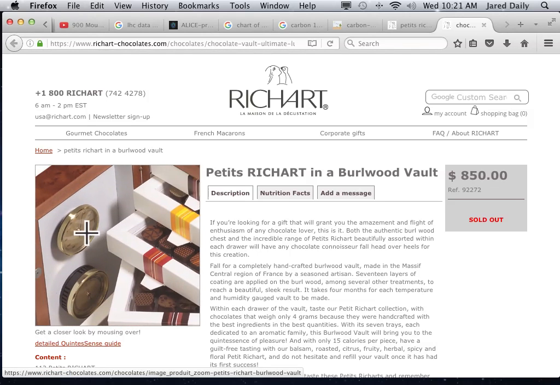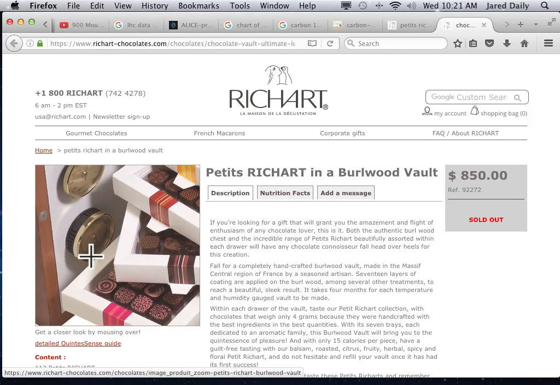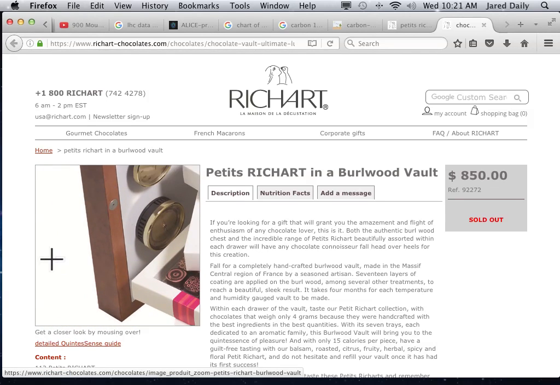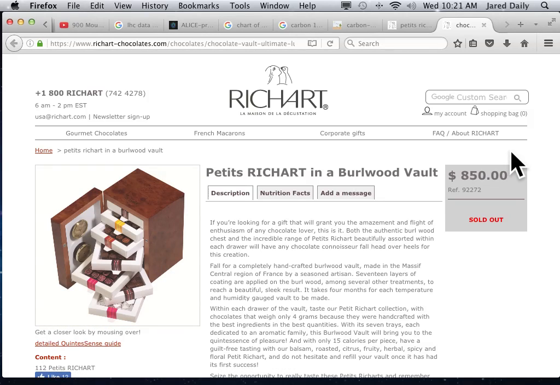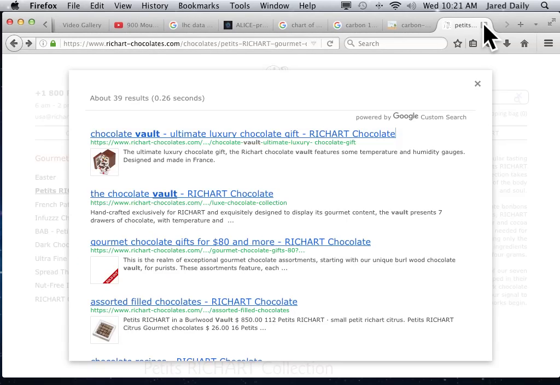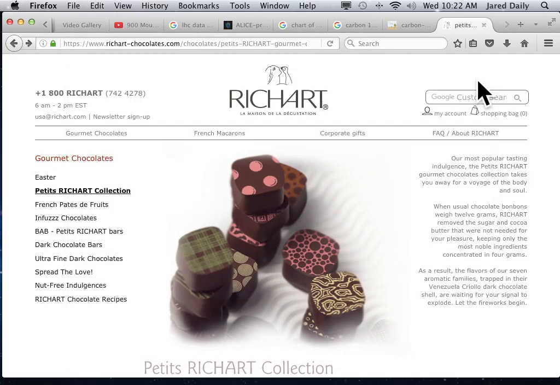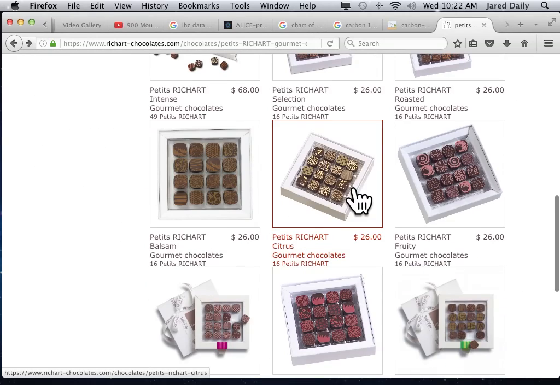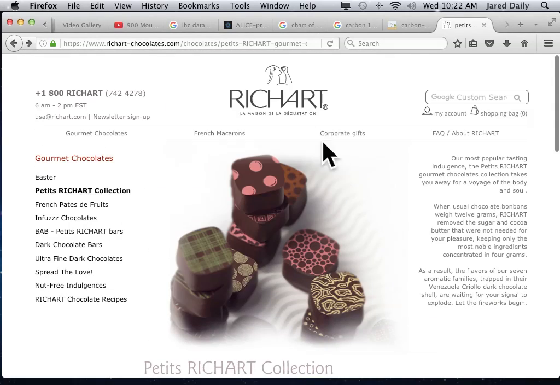See, it's got the humidity and temperature controls right there. Pretty impressive stuff. And they're sold out. They sell them to the point that they can't even keep them in stock. Who buys it? People with more money than sense, like me. I don't have a lot of money, but I really don't have any sense.